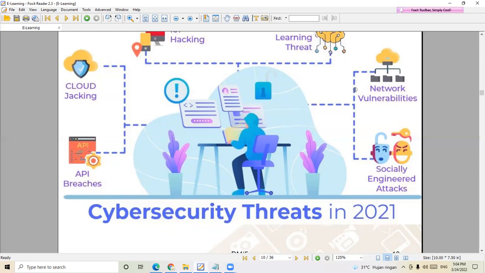Cybersecurity threats can use network vulnerabilities as their media to transport dangerous apps like viruses, Trojans, and worms into our computers. If we are not careful, then our computers cannot be accessed, like ransomware.